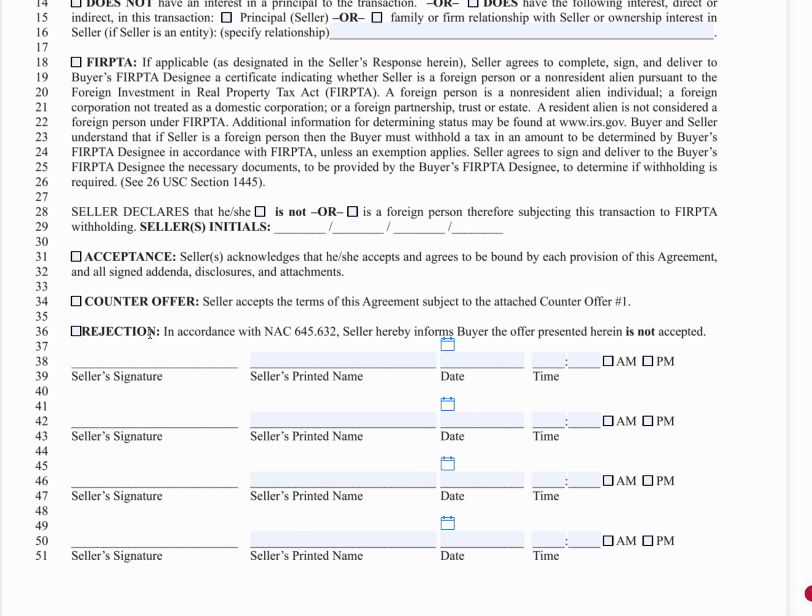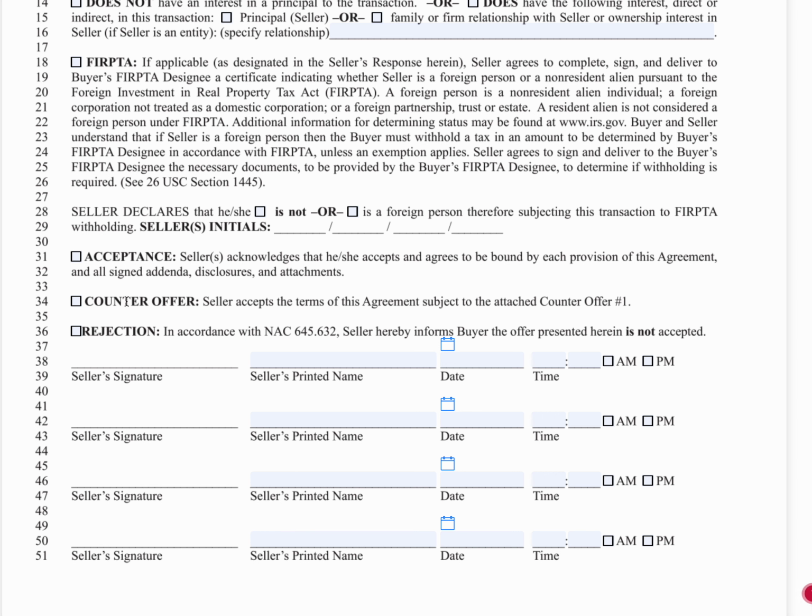Or sometimes we'll get an email or text indicating that the seller has agreed to go with another offer, and they kindly give us a rejection in this format, or an email or text saying they're not going to move forward with it. Once they reject our offer, we could submit a better offer.